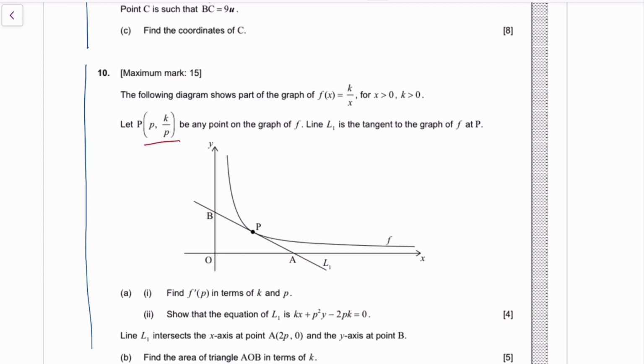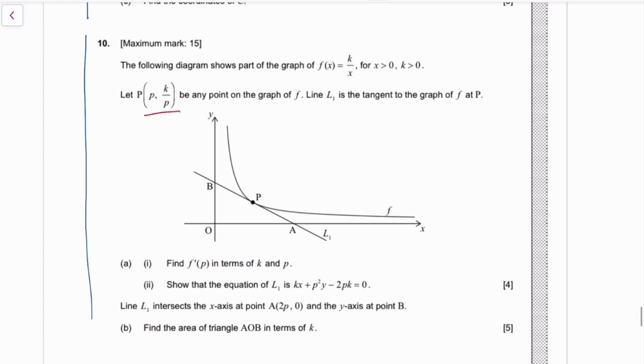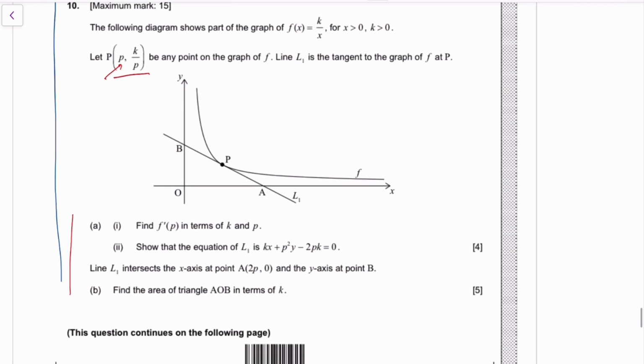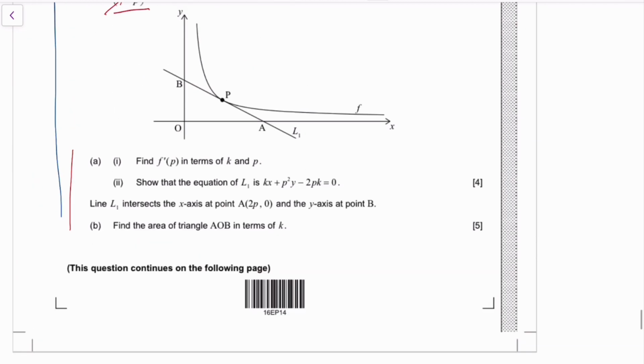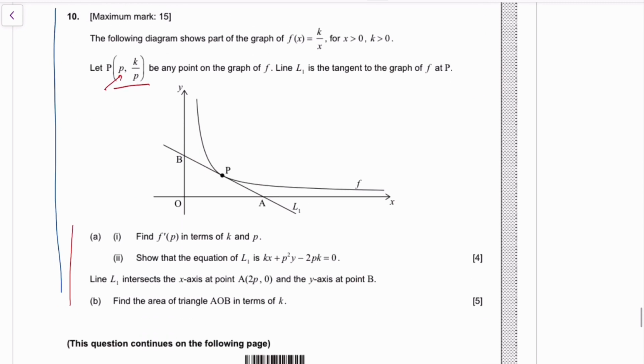The touching point is also an unknown, and they work everything with those two unknowns, the k and the p. That itself is quite hard, but it's still reasonable, I think. So the crazy part is this part, but let's not go too much ahead of ourselves. We will do part A(i) first.